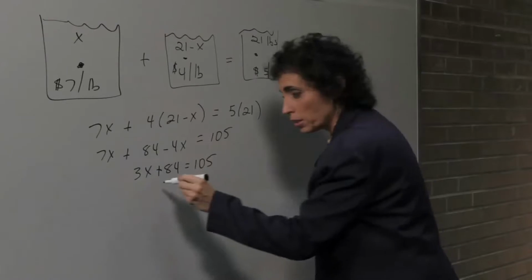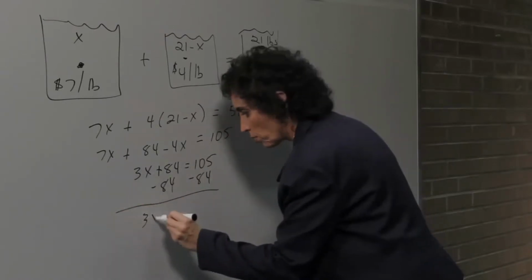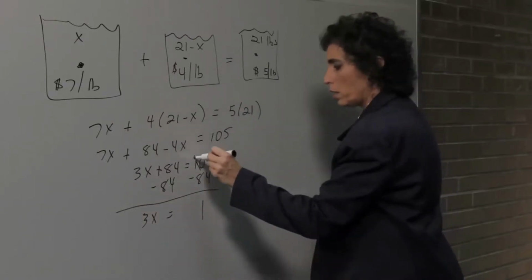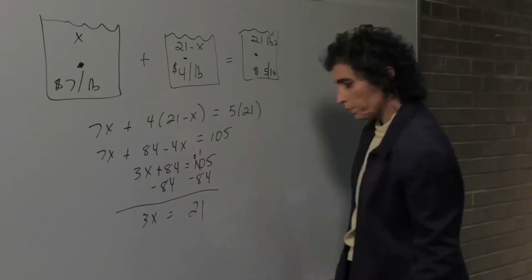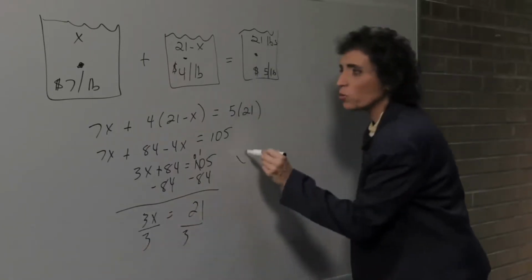Almost done, coming to the finish line. 3X equals 21, divide by 3, X equals 7.